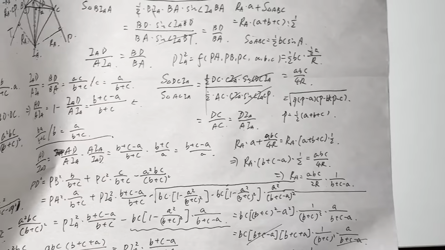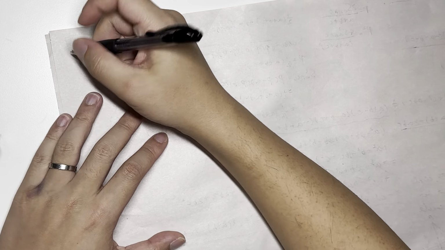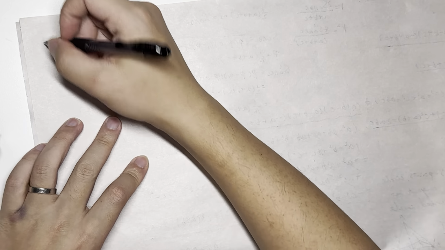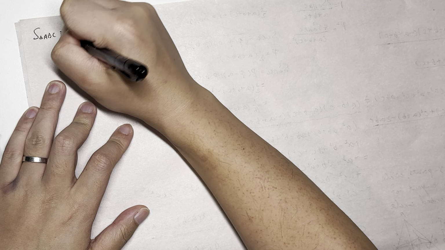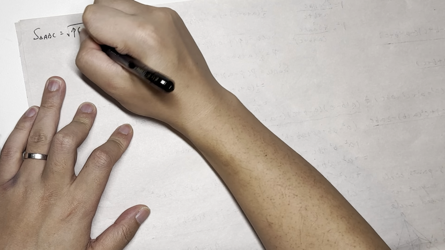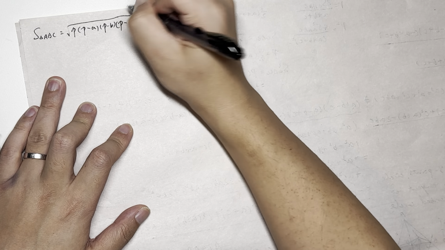So let's do that. The first thing is that we have the area ABC equals the square root of P times P minus A, P minus B, P minus C, right?